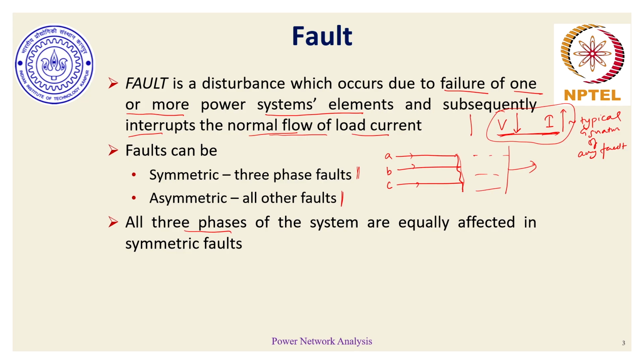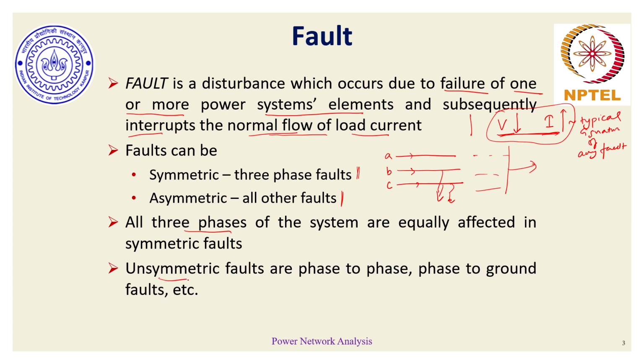Asymmetric faults are those cases where the three phases of the line exist, but instead of equally affecting all the three phases, either only one phase gets affected or together two phases get affected. At least one of the three phases is not getting equally affected, and that would be called an unsymmetric fault. So there can be different categories of unsymmetric faults.